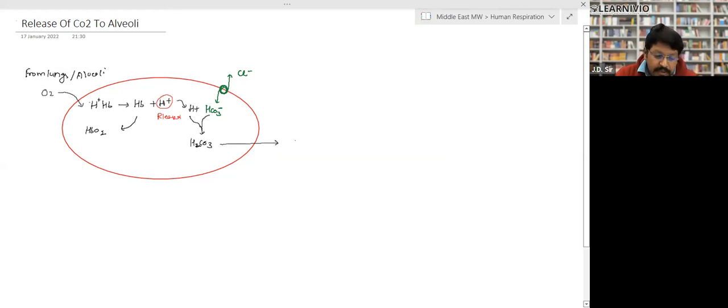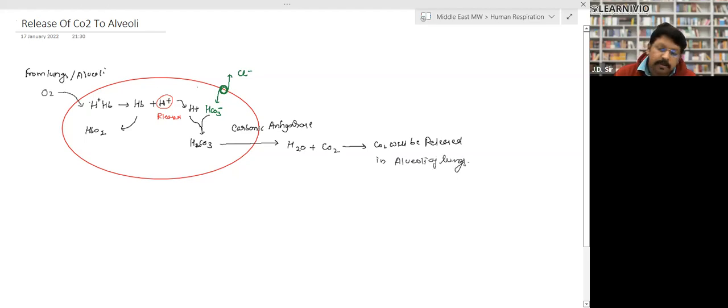Now this H2CO3 will break down in the presence of the enzyme carbonic anhydrase into H2O plus CO2. Now the CO2 is free and will be released in the alveoli of lungs. That's how these RBC deliver carbon dioxide to the alveoli of lungs.